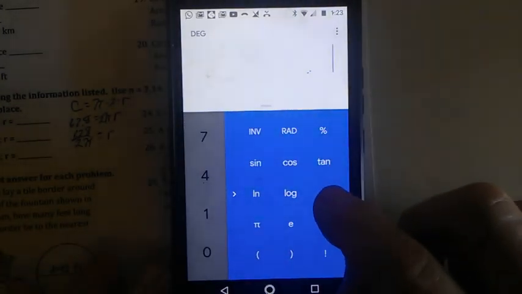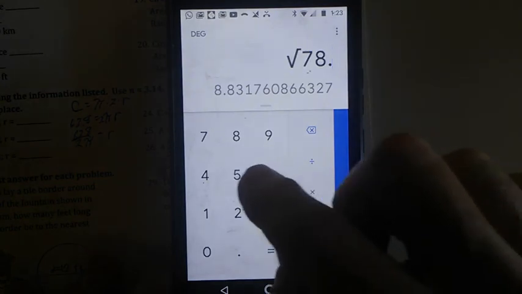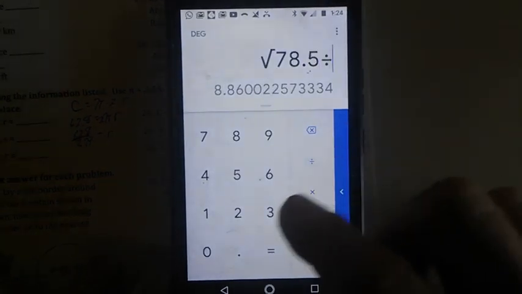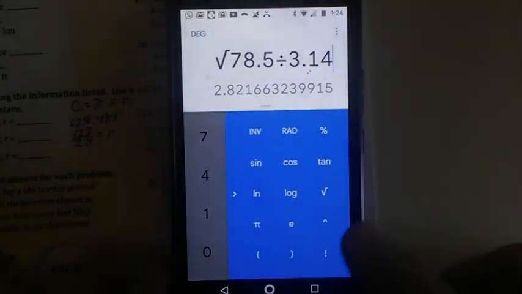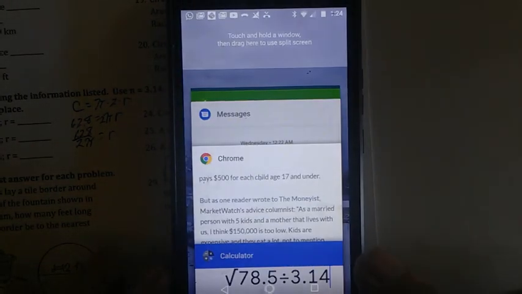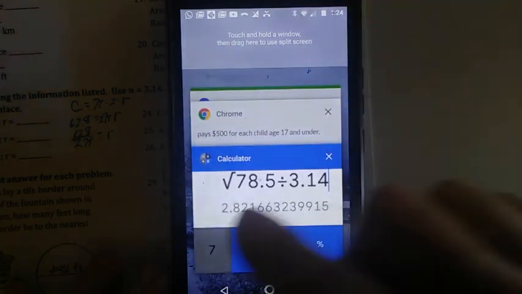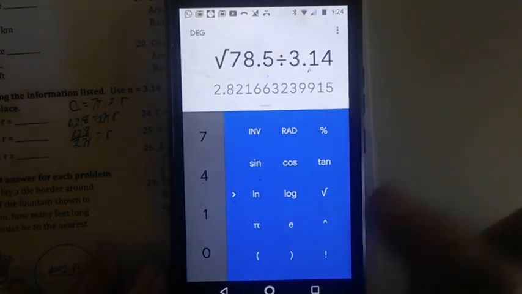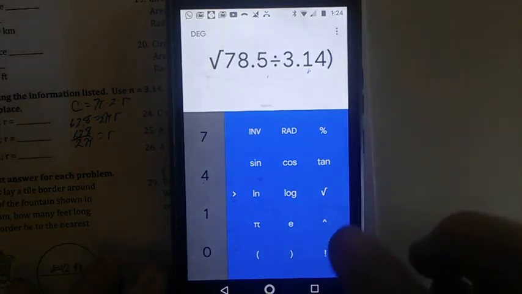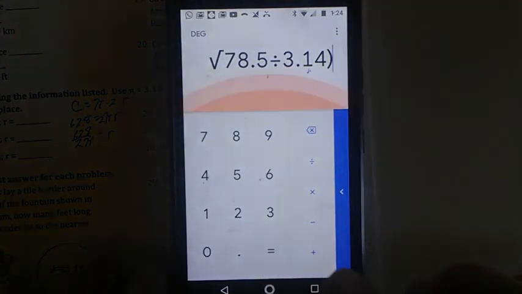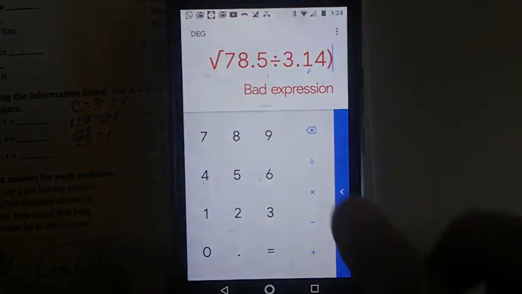So I'm going to put the square root of 78.5 divided by 3.14, divided by pi. How do you get this back? You want this thing. I have to go back to my equal sign. Equals that expression. Hey, what happened to the parentheses? It didn't get that one.